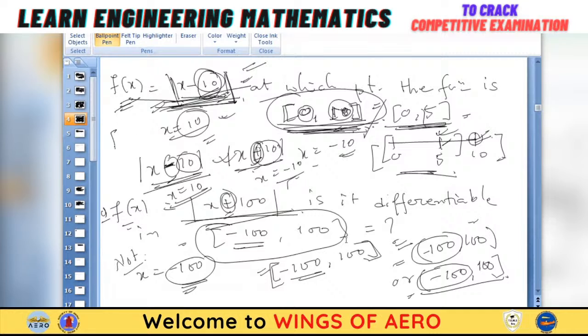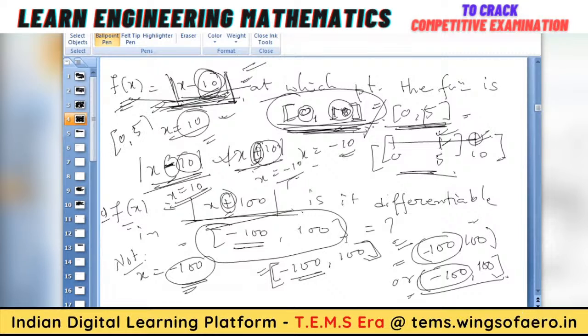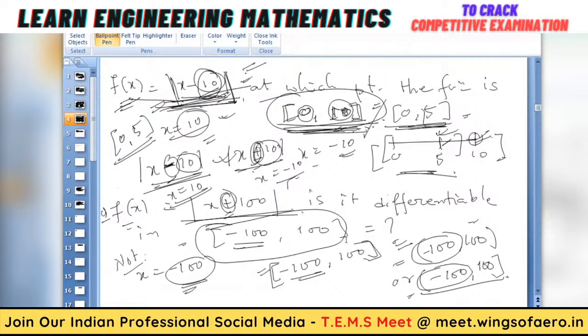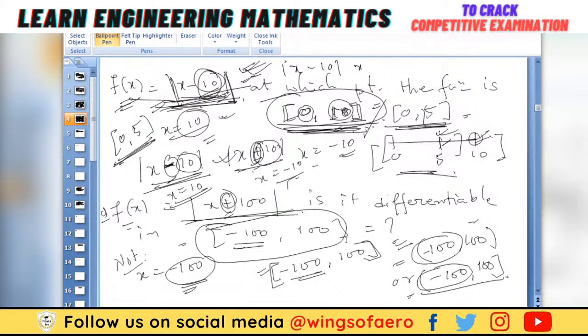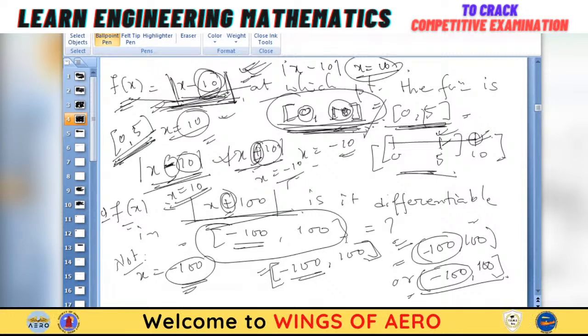But suppose the interval 0 comma 5 is given to you, and you are asked whether mod of x minus 10 is differentiable within this interval. Yes, obviously it is differentiable, because mod of x minus 10 is not differentiable at x equal to 10, and the point 10 is not included in the interval 0 comma 5 at all.